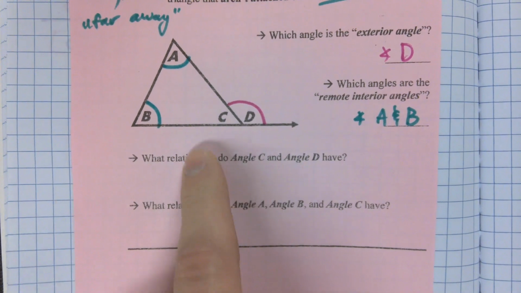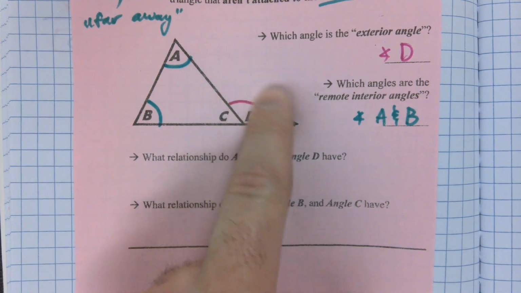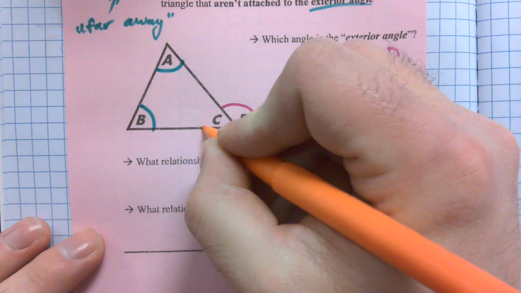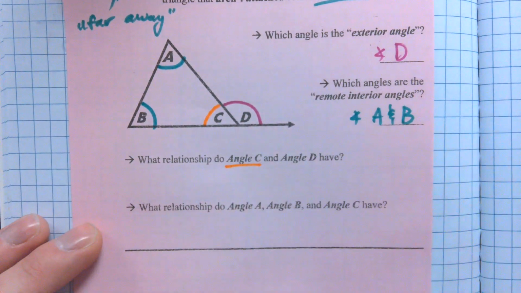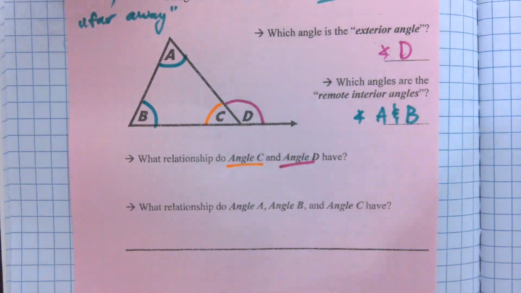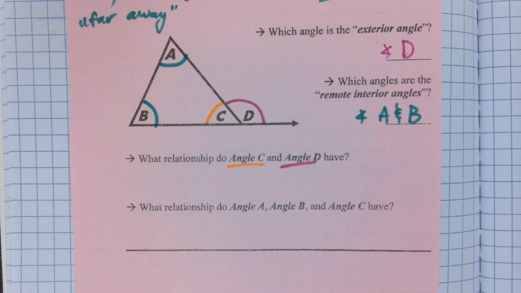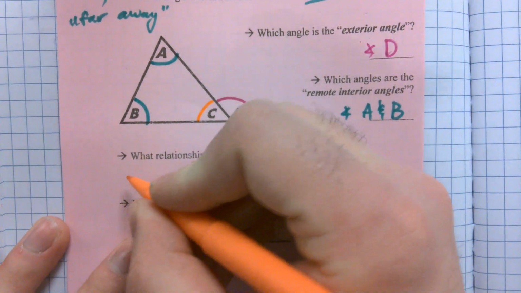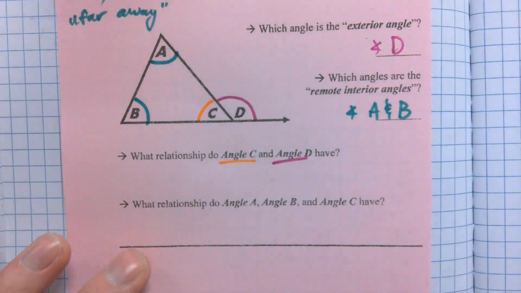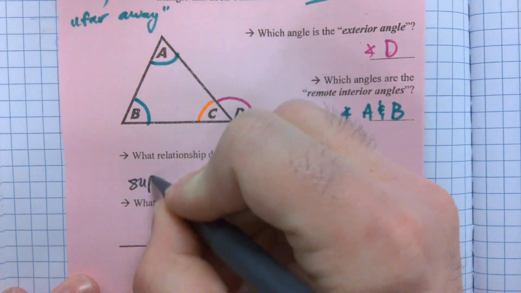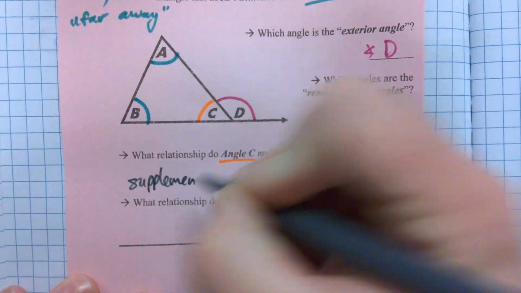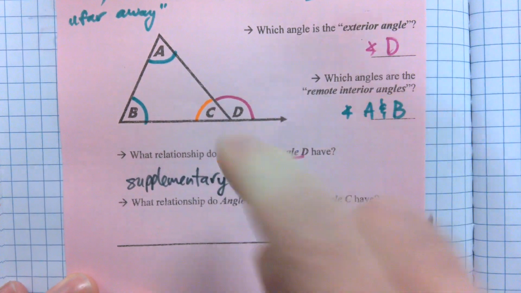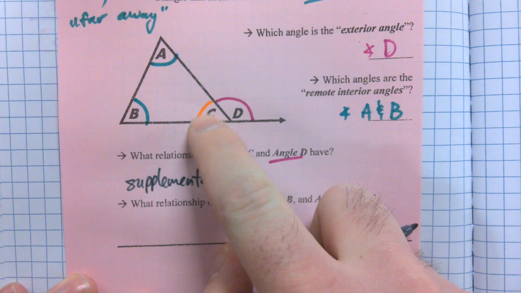Now, angle C and angle D do have a pretty unique relationship with each other. What type of relationship is here between angle C and angle D? Supplementary. Exactly. They are supplementary. We see that both the orange and the reddish angle arcs here form a nice straight line.